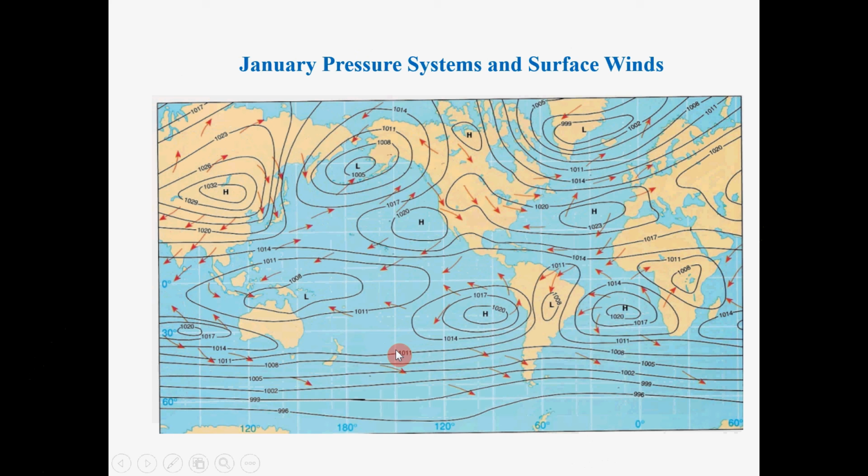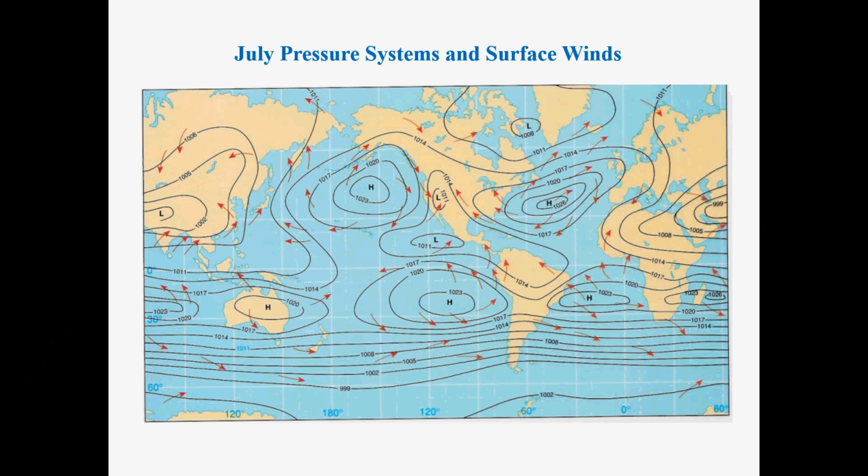Because of this kind of reversal of pressure system and the wind, you can really see that in the northern hemisphere in the summer, the wind will blow from the ocean toward the land.